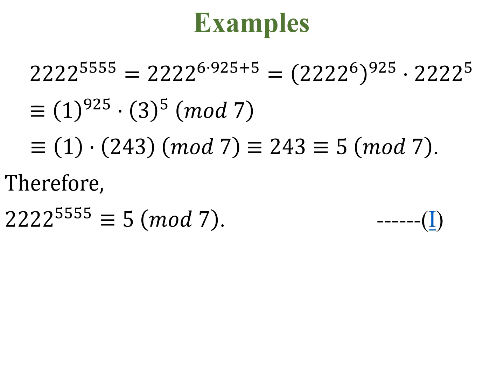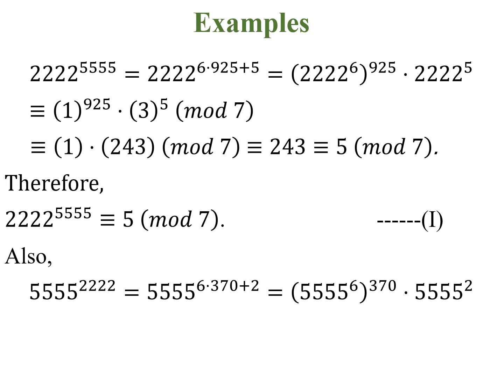Now we have to think about 5555 raised to 2222. That 2222 can be written as 6 into 370 plus 2. Likewise, you can write it as 5555 raised to 6 raised to 370 into 5555 raised to 2.